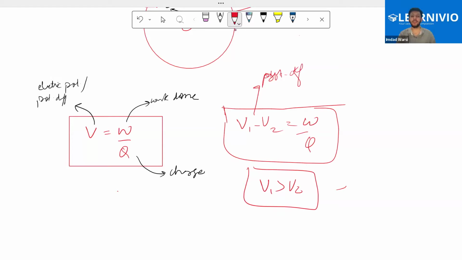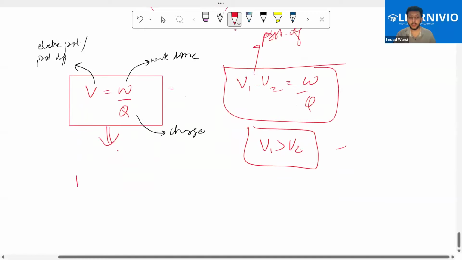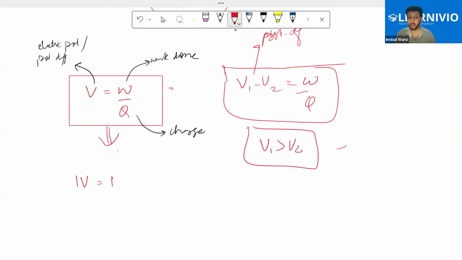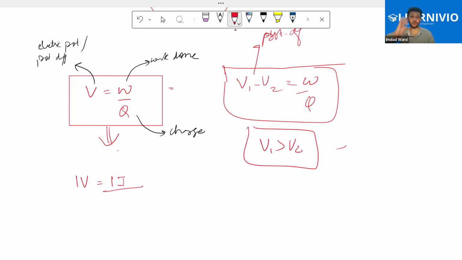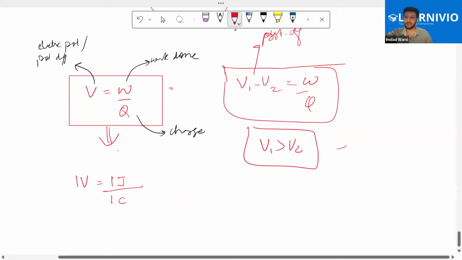Okay, so what is the SI unit of work? It is joule. So we can say that 1 volt of electric potential is equal to 1 joule of work done in moving 1 coulomb of charge.